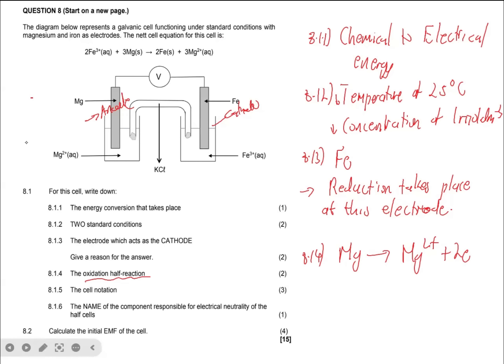Okay. Then the cell notation, 8.1.5. So as we can see, all of this here can stand in their own place. So we do not need to have any inert substance there. We have our electrodes and then their active electrodes. So this is magnesium, which is in solid form.